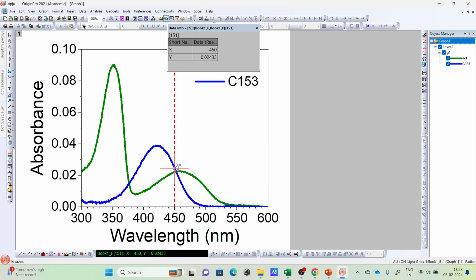Blue one has an absorbance of 0.024. Okay, I'll not bother about the other values. And what about the R1? At 450 it has almost similar, right? 0.022. So we'll cut it from here.